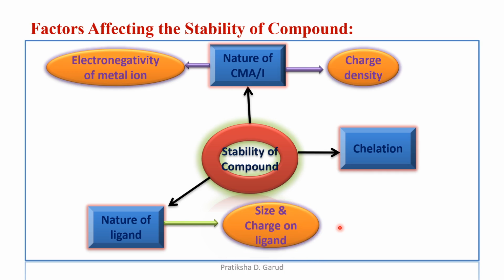The first one is size and charge on ligand, and the second is the basic character. So these are the various factors on which the stability of the compounds depends. So let us study these various factors.